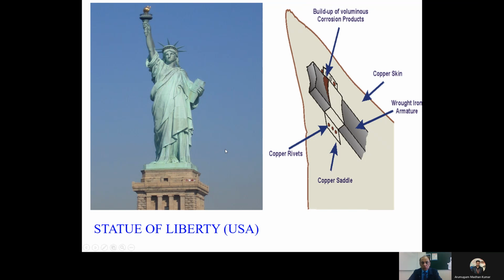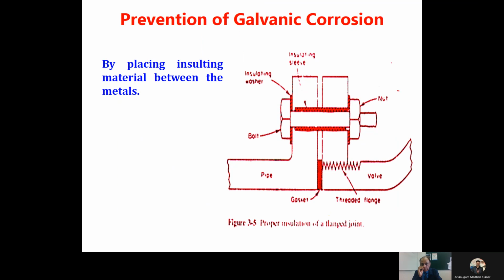Then it was found out that it was because of galvanic corrosion. So what the engineers did, they placed an insulating material between the copper and iron. So the corrosion was reduced. So for preventing corrosion, the simple method is placing an insulating material between the two metals.